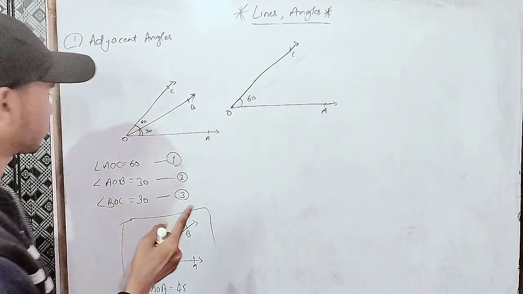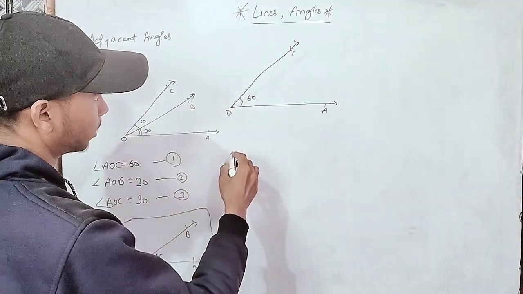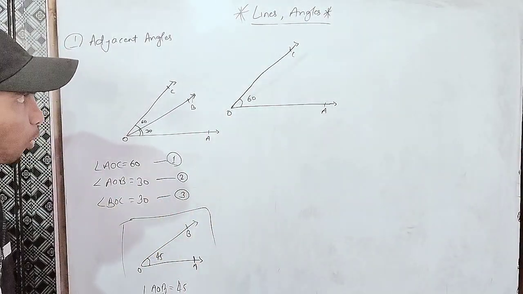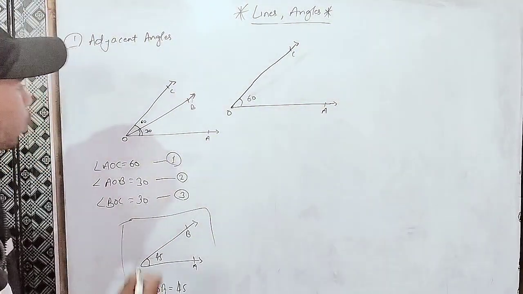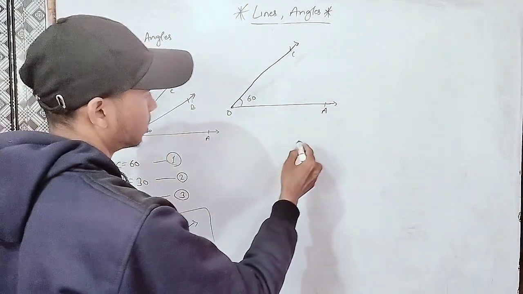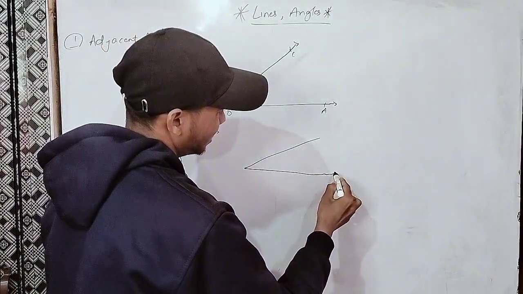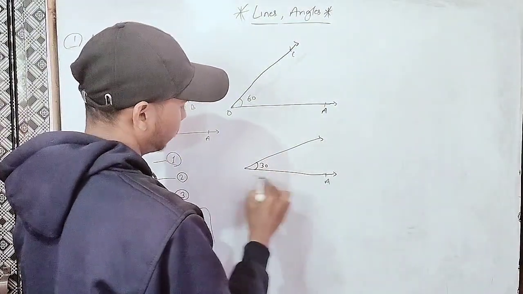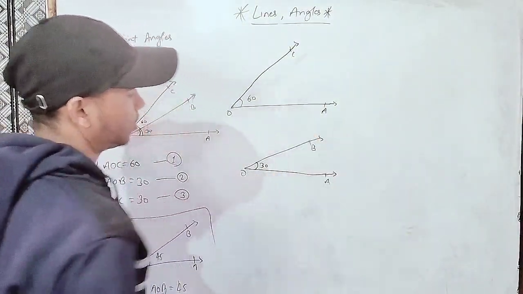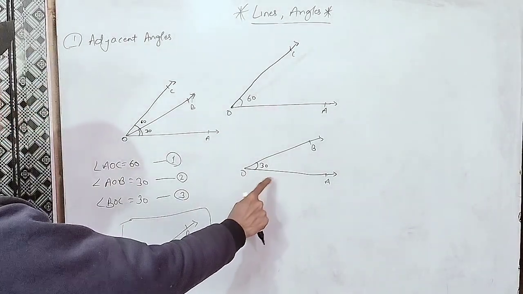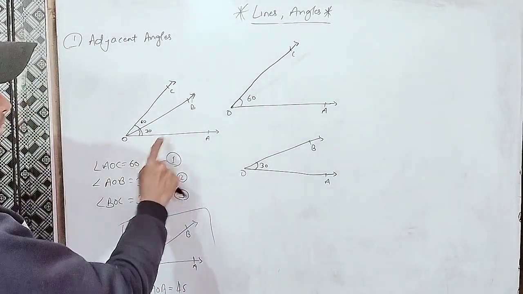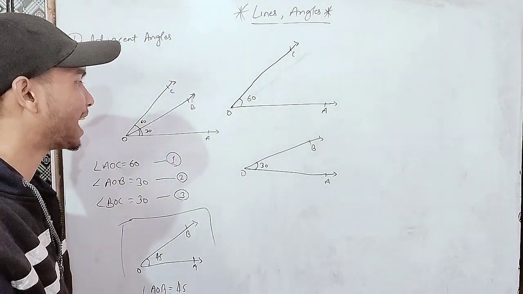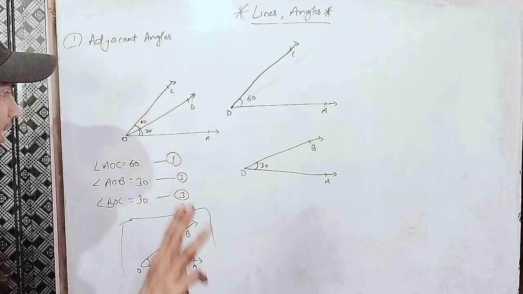Now second, AOB, which is 30 degrees. The name of this is AOB. We have drawn this figure from this figure just to identify how many angles we have. So three angles.